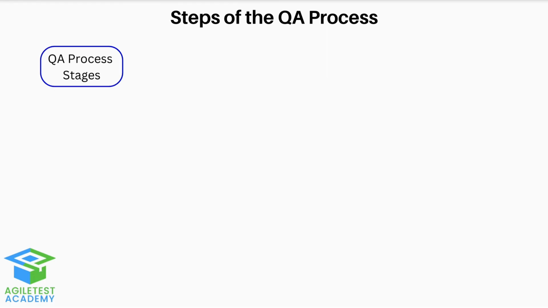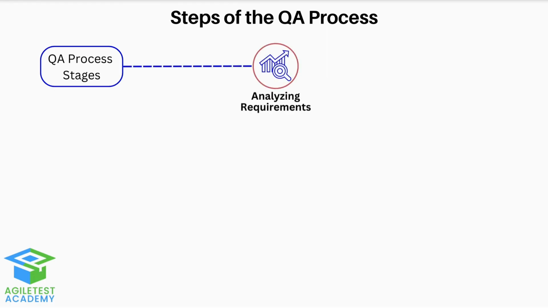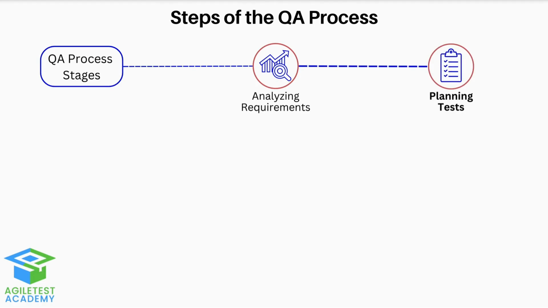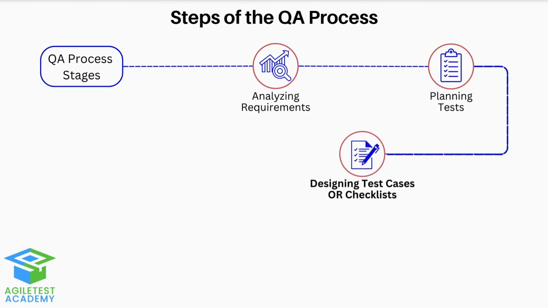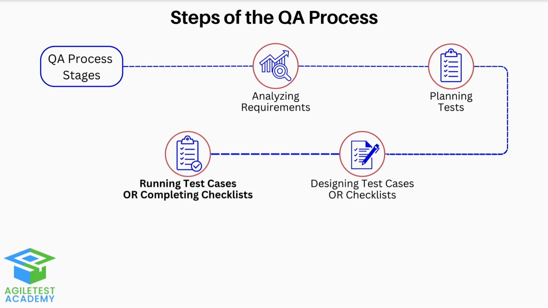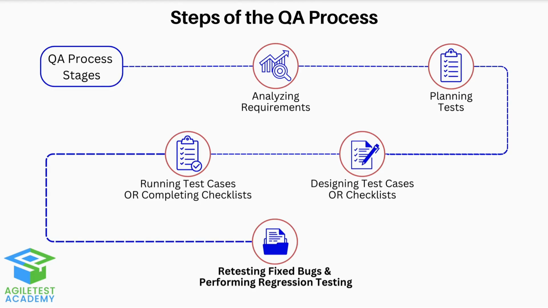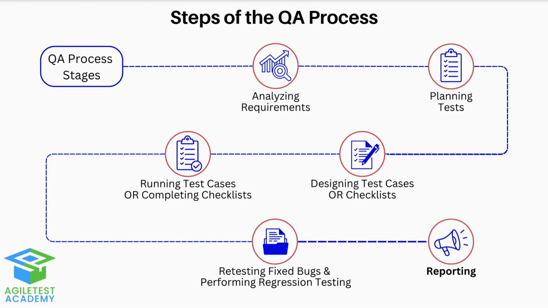The QA process begins with the analysis of the requirements, followed by the writing of checklists or test cases. The checklists or test cases are then run to verify that the software meets the requirements. If the test fails, the developer needs to fix the bug, and then the QA tester needs to run the regression test to verify that the bug has been fixed. The results of the testing are then reported to the development team.